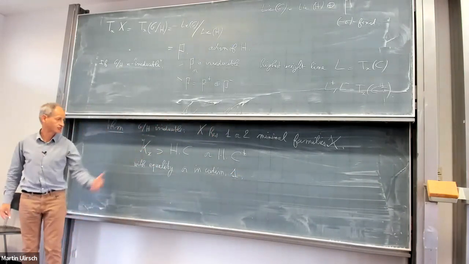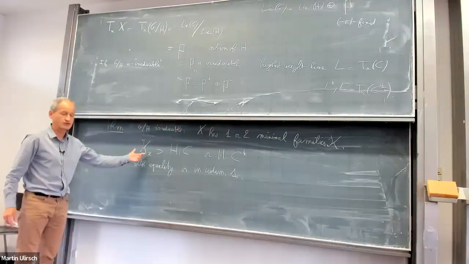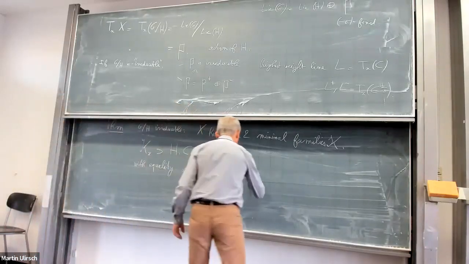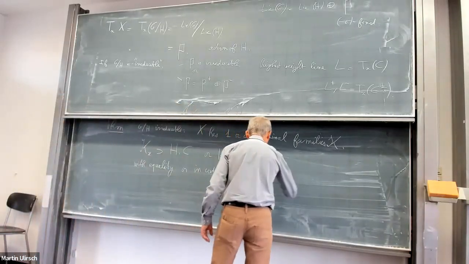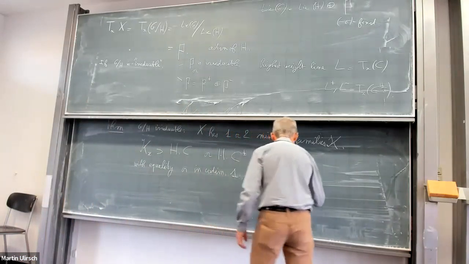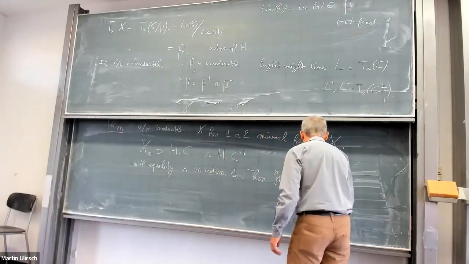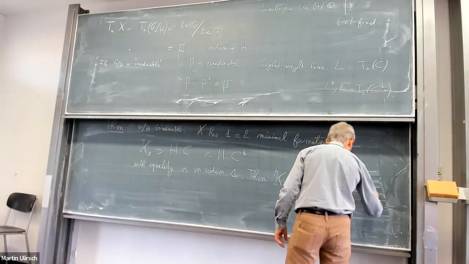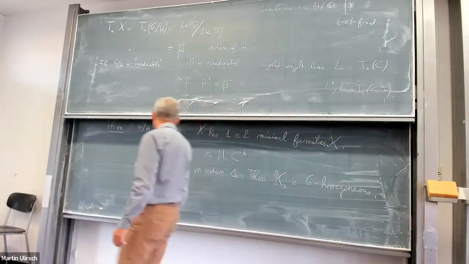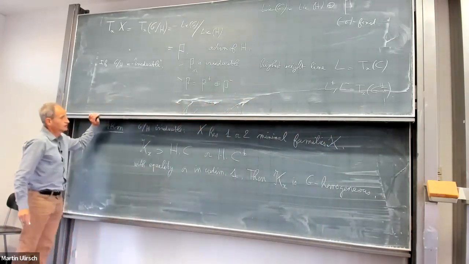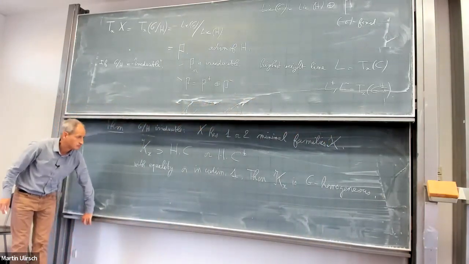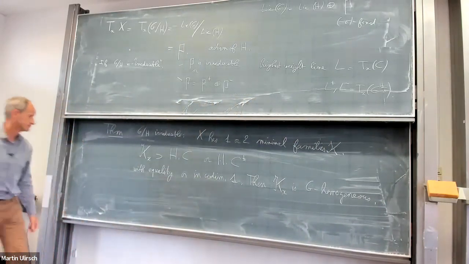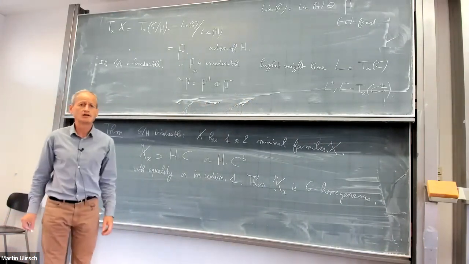And in the second case, this Kx is homogeneous under G. Okay, so that's maybe some improvement.